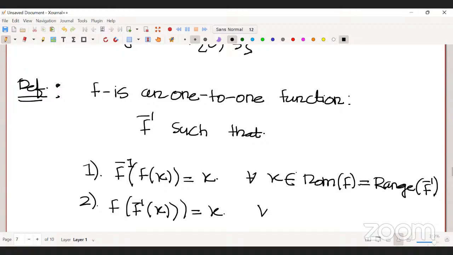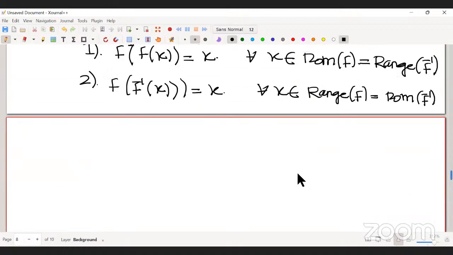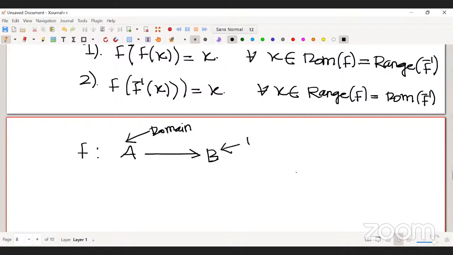This is x for all x in the domain of f, which is the same as the range of f inverse. See, if I have a map f from A to B, so this is the domain, and this is the codomain. If f is a map from A to B, then f inverse will be a map from B to A, right?